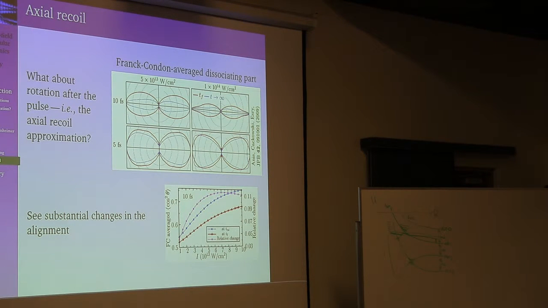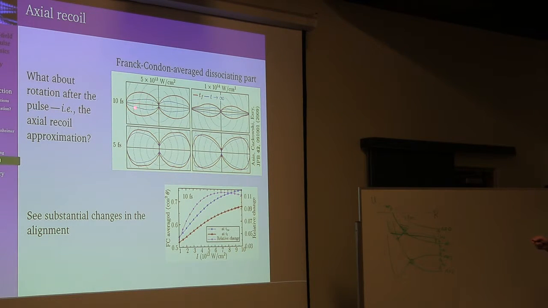That raises the question about axial recoil. Axial recoil, remember, is, okay, we're done with the pulse. Do the fragments just go on a straight line to the detector? Or do they maybe curve and rotate on their way to the detector? One way you can look at that, and again, we can only do this in theory, is we can calculate the angular distribution at the end of the pulse, T final, that's the red ones, and the angular distribution at T equals infinity, that's what you would measure in your experiment.